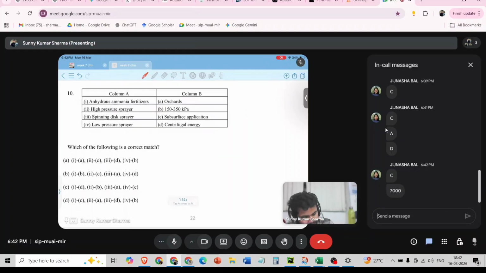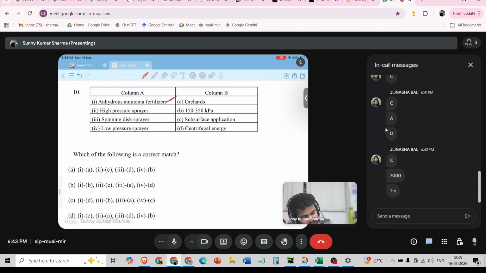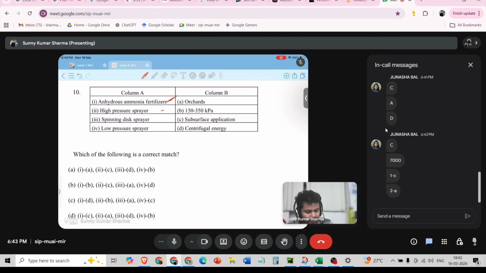And next question is, we have to match this. So anhydrous ammonia fertilizer is for subsurface application. And high pressure sprayer will be used in which type, and the spinning disc will be there for which column? 2B. Okay. No, high pressure is 2A.